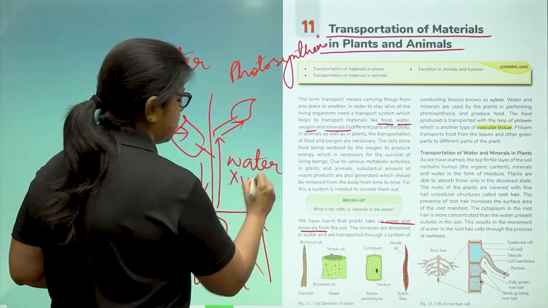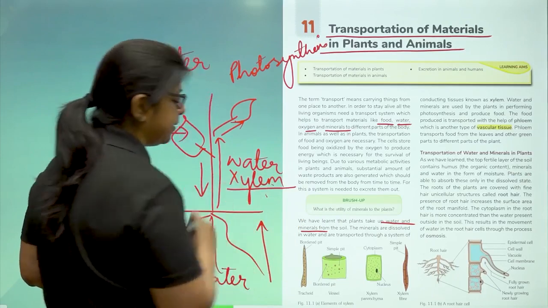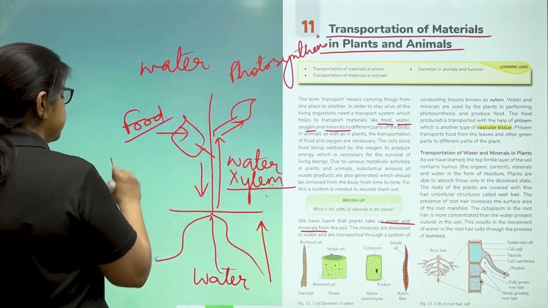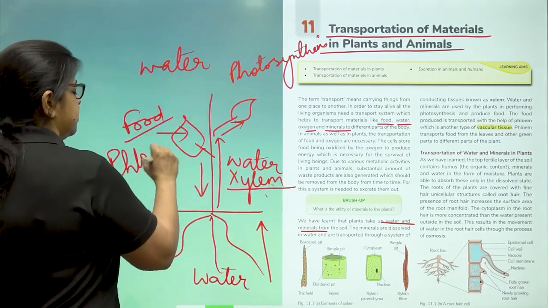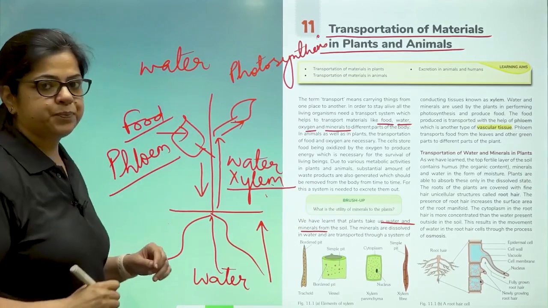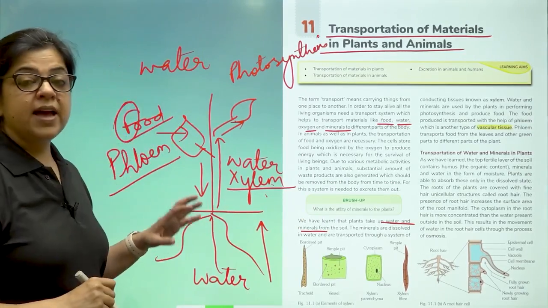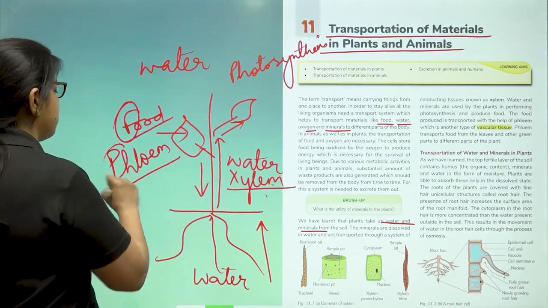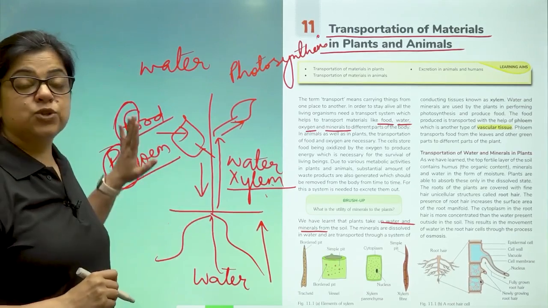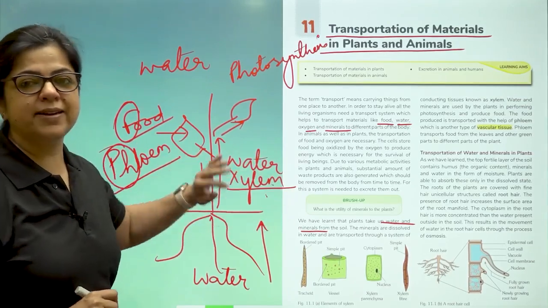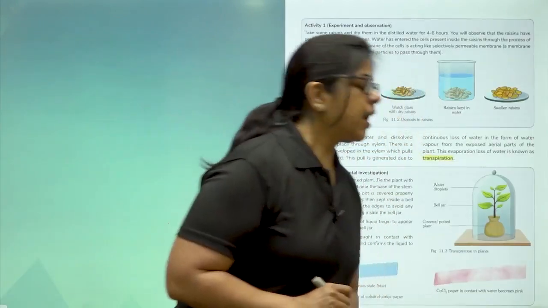Water is transported by xylem and food is transported by phloem. How do you remember this? F for food and F sound of phloem. So if you remember one, you can automatically remember the other.